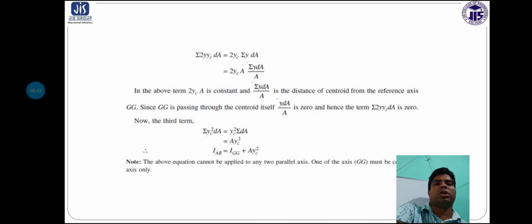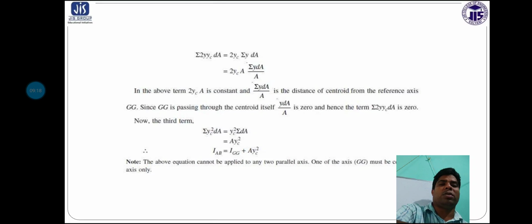Now 2yc is constant, and summation of y dA by A is the distance of the centroid from the reference axis GG. Since GG is passing through the centroid itself, y dA by A is 0, and hence the term summation of 2y yc dA is 0.